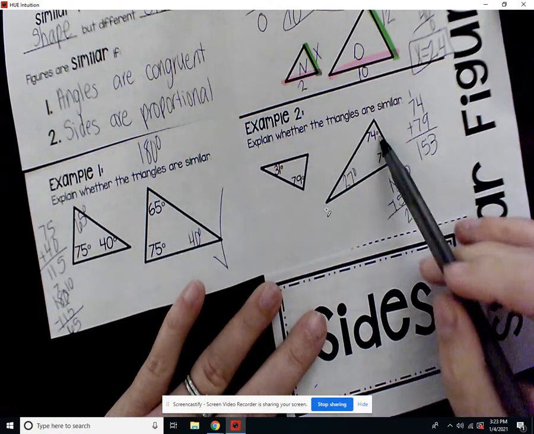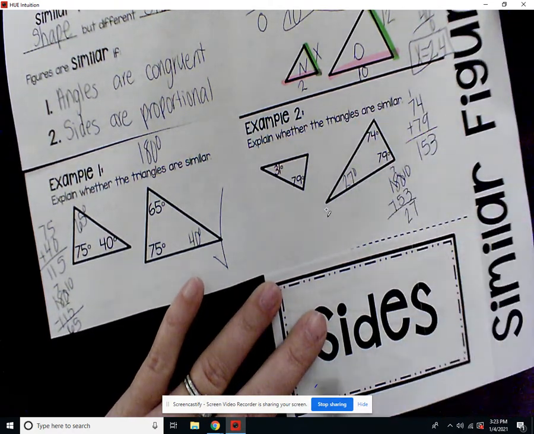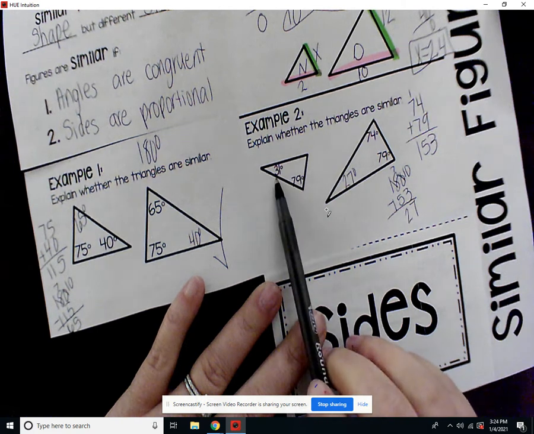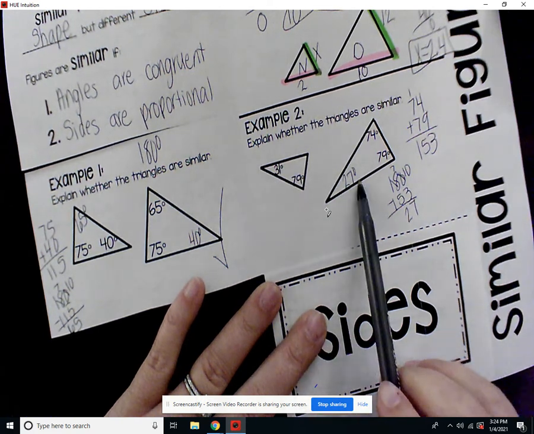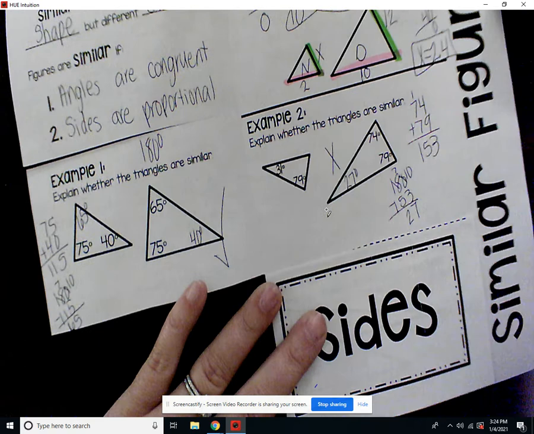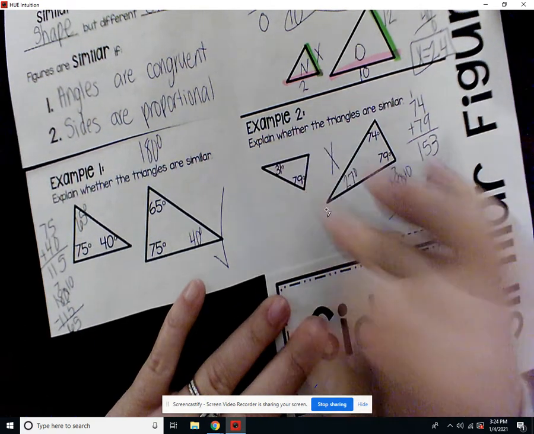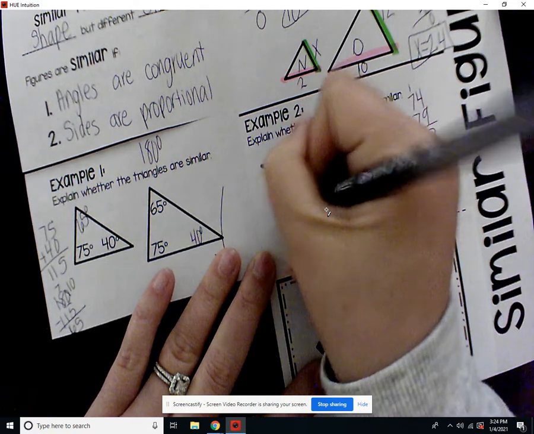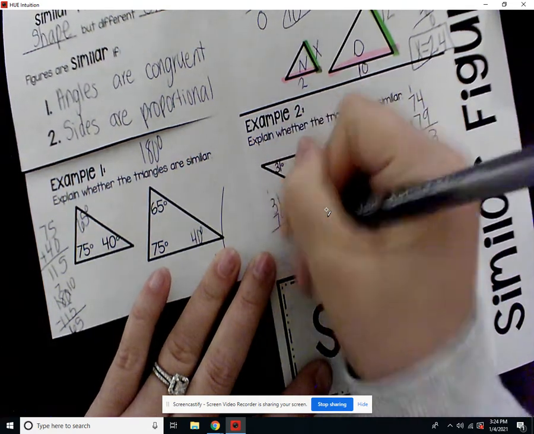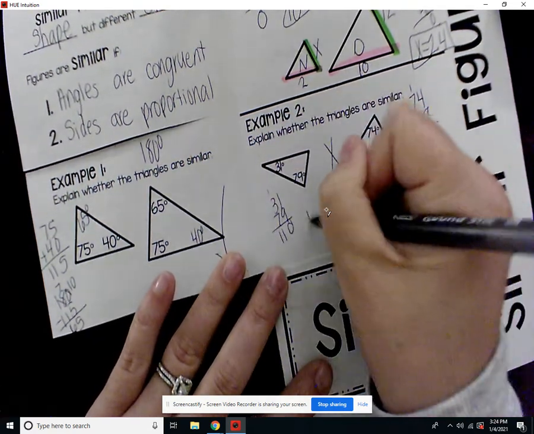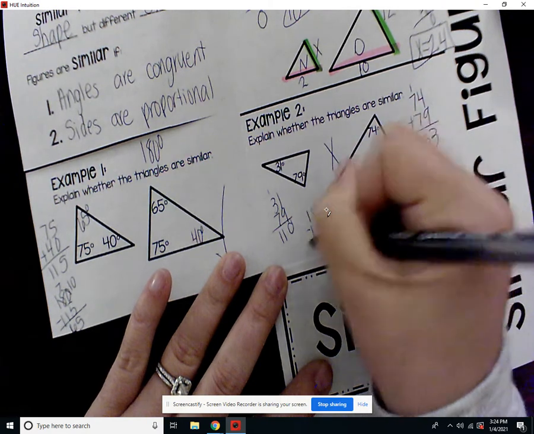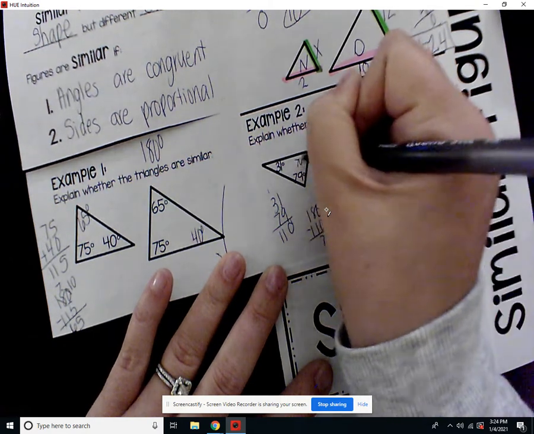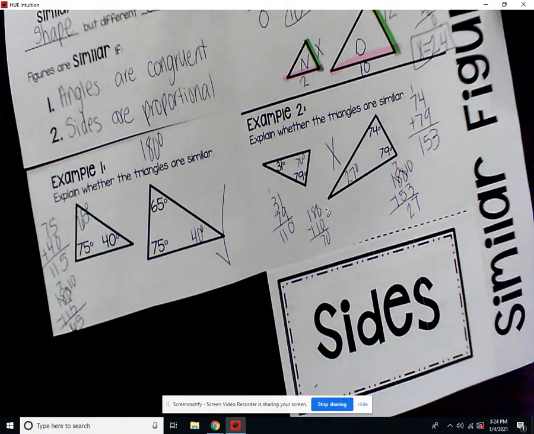And so we have 74, 27, 79. If you notice here, we have 31. This is saying this is 27, so this is wrong. Again, we can do the same thing, so we can even add 31 and 79, which is 110. 180 minus 110 is 70. So again, you can see that those numbers are not the same.